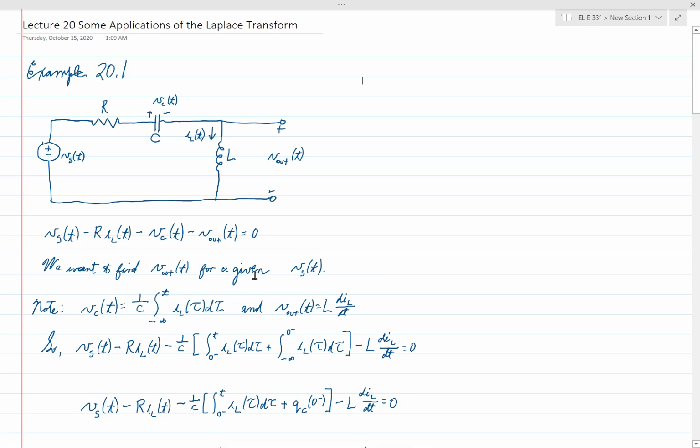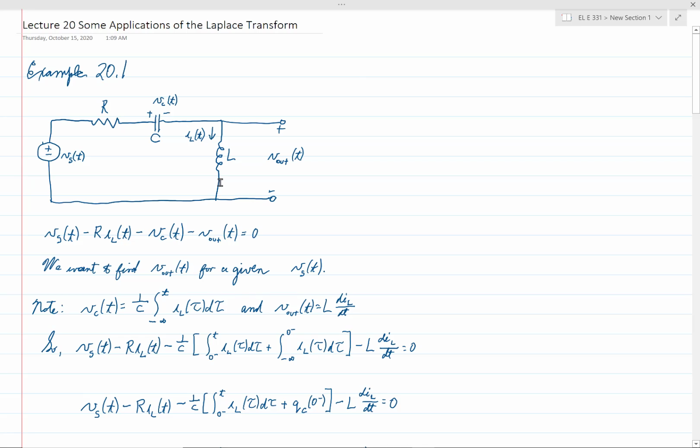Okay, so the voltage across the capacitor, in case you're a little rusty with this, is equal to Q over C, where Q is the charge on the capacitor and C is the capacitance. And Q is the integral over all time of IL of tau.